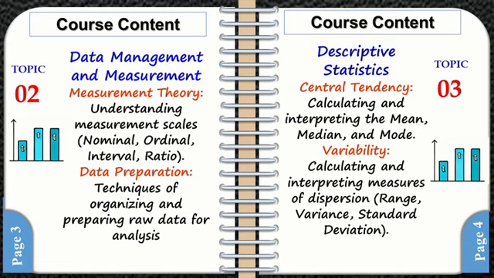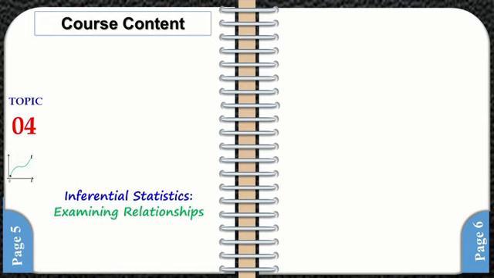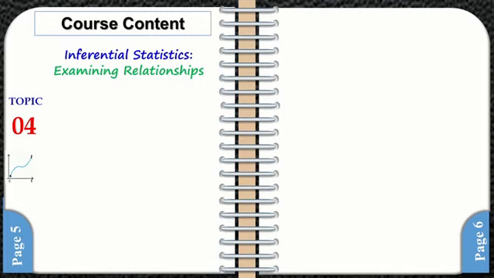Also, there is another subtopic called variability. We will be calculating and interpreting the measures of dispersion. In this, we will look at range, variance, and standard deviation. Putting all this together will be exciting because we will be able to interpret the data using these.